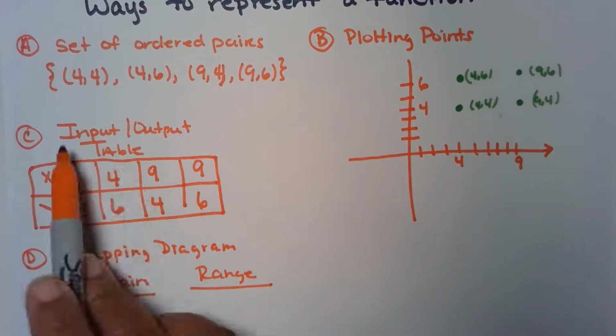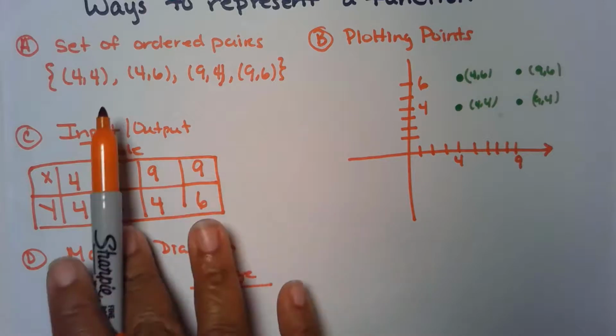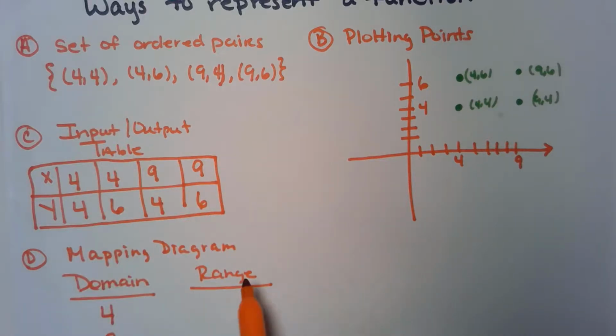So our domain in this relation, we have 4 and we have 9, because remember the domain is all of the x coordinates. And then our range, we're talking about all of the y coordinates. If any repeat, then we only need to write them one time. We have 4 and 6.